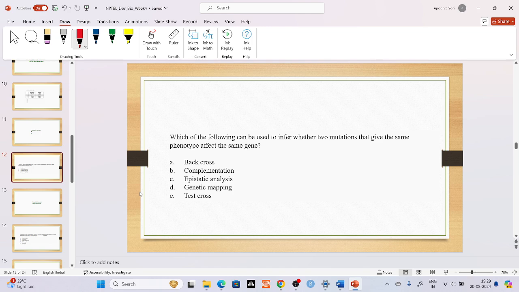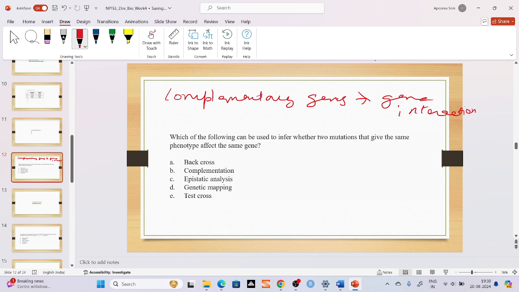So complementation is a kind of gene interaction, and the genes that show this kind of interaction are known as complementary genes. These complementary genes work together to give a specific phenotype, and all those genes that work together to give a specific phenotype belong to one complementation group. So these are the complementary genes. Okay, and it is a kind of gene interaction.